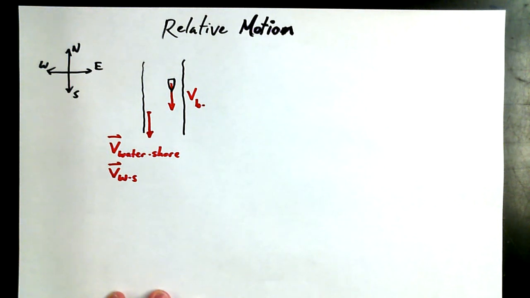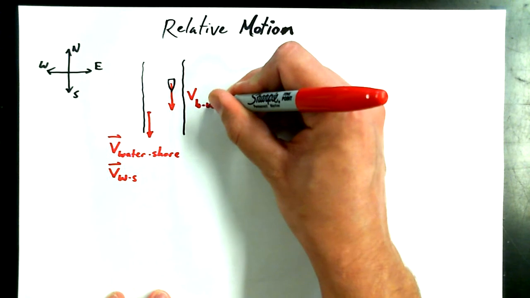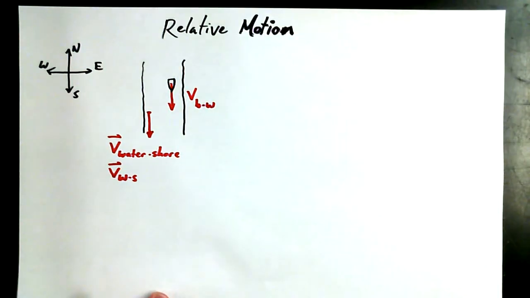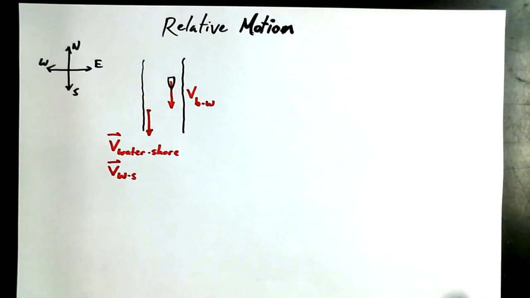So velocity of B dot W, boat relative to the water. And the reason we're going to say boat relative to the water is because we could have a boat on still water, right? Like on a pond. So we typically talk about a boat's ability to move with a certain speed with respect to the water on which it sits. And if the water happens to also be moving, that's great.